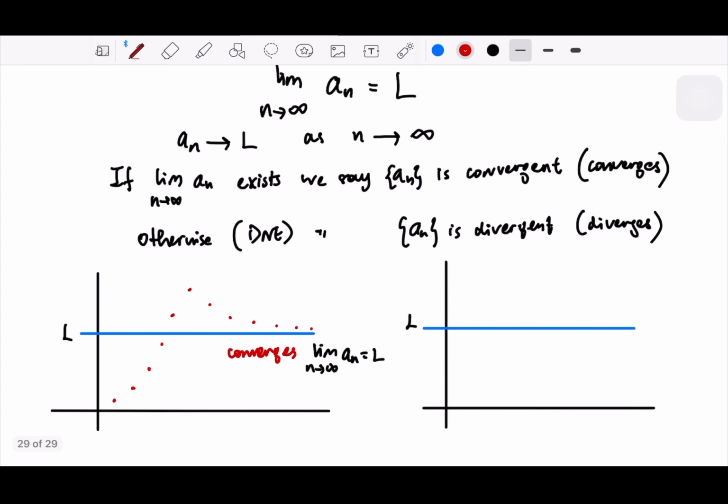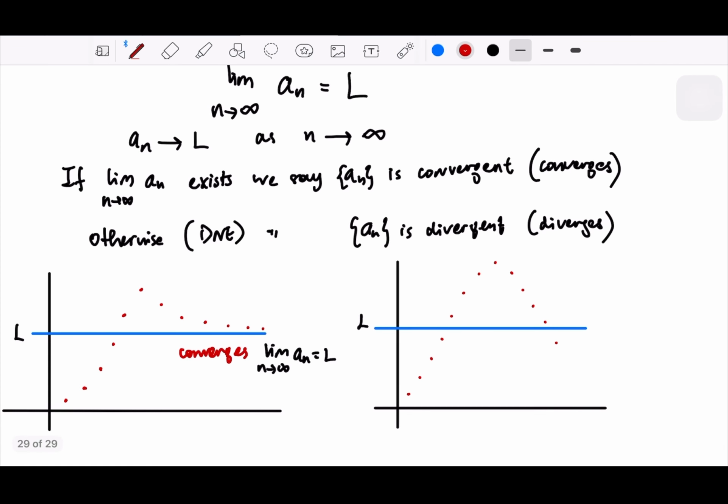And if we have some oscillations, if we have this kind of changing its way, like for example like this, we can also say this converges.